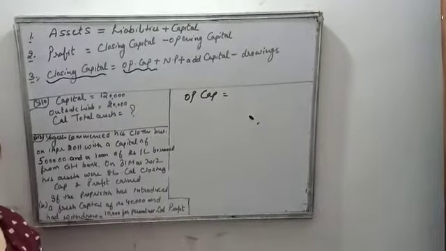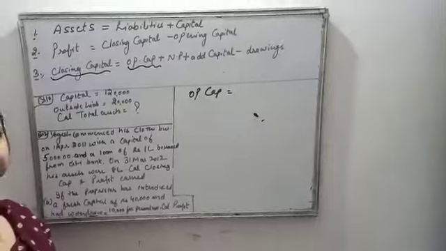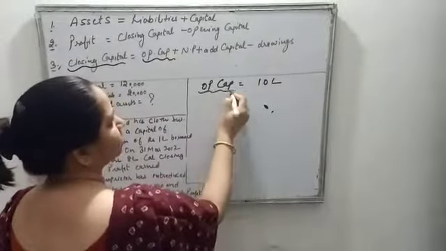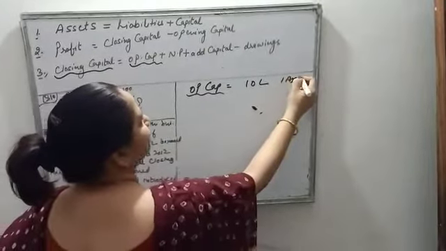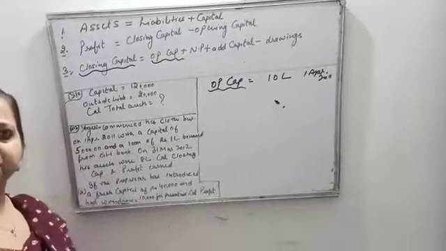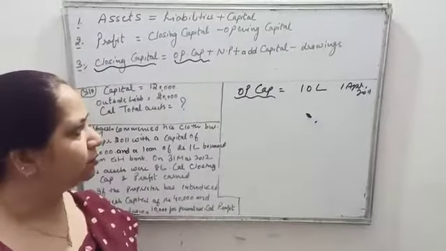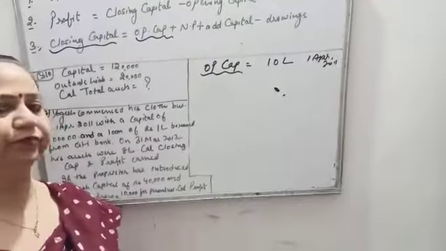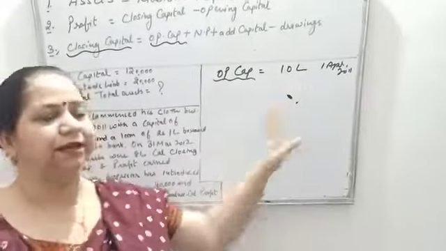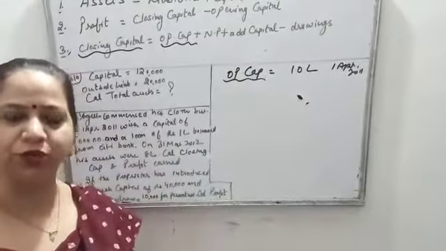Suppose on 1st April, a businessman starts his business by investing rupees 10 lakh into the business. So this will be the opening capital on 1st April 2011. This is the opening capital, rupees 10 lakh, that businessman A has introduced into the business.